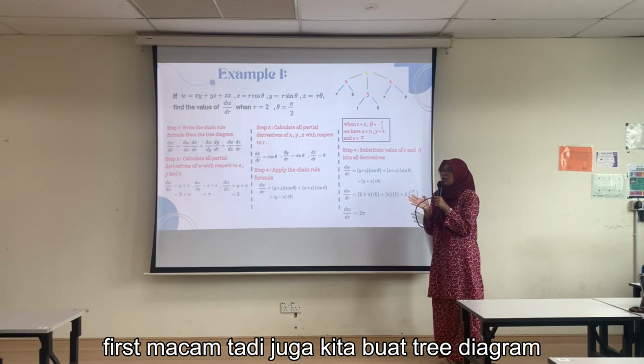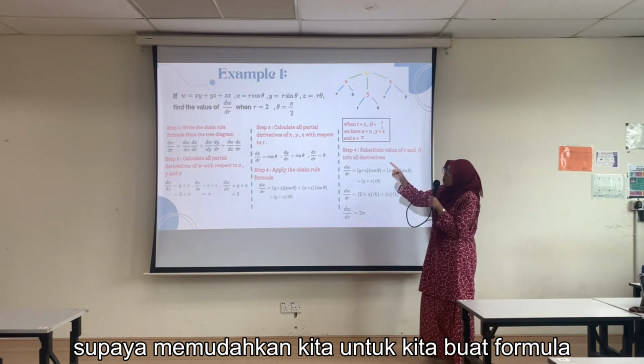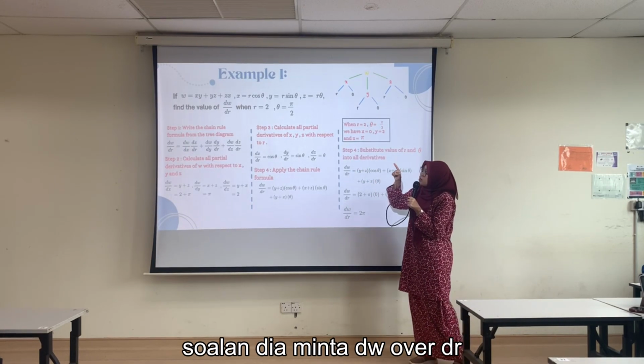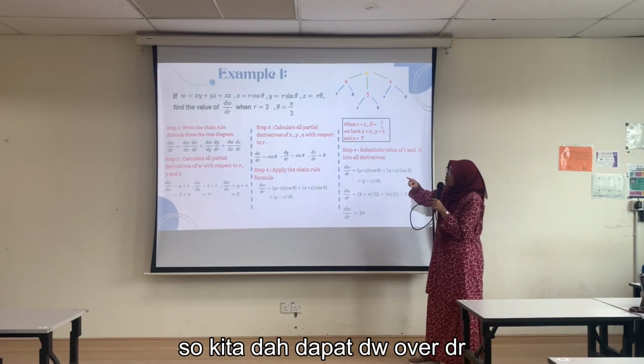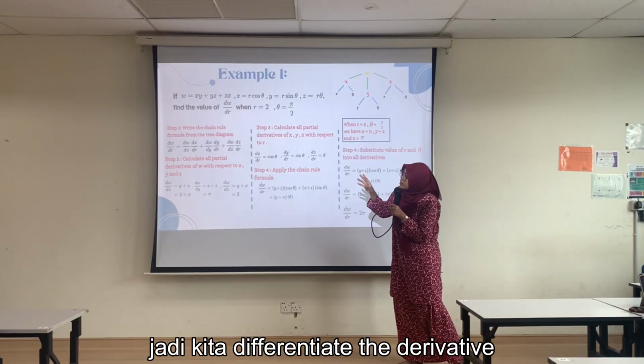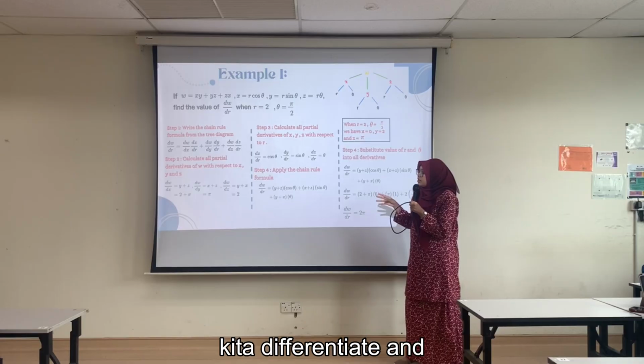First, macam tadi juga, kita buat tree diagram supaya memudahkan kita untuk kita buat formula. Soalan dia minta dw over dr, so kita dah dapat dw over dr, jadi kita differentiate the derivative. Semua derivative yang kita ada, kita differentiate.